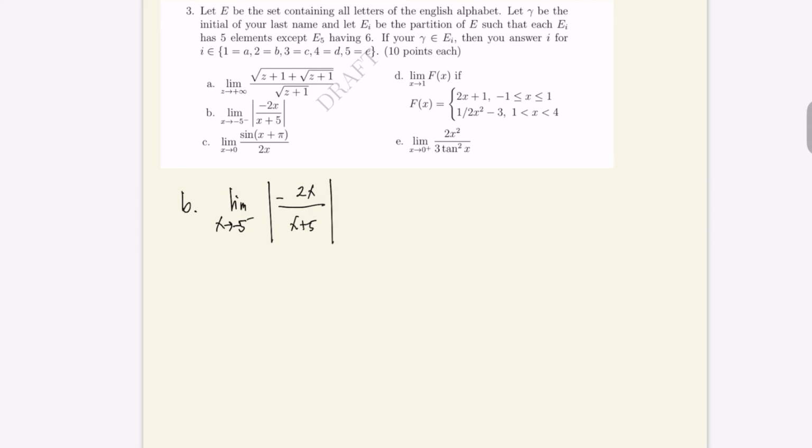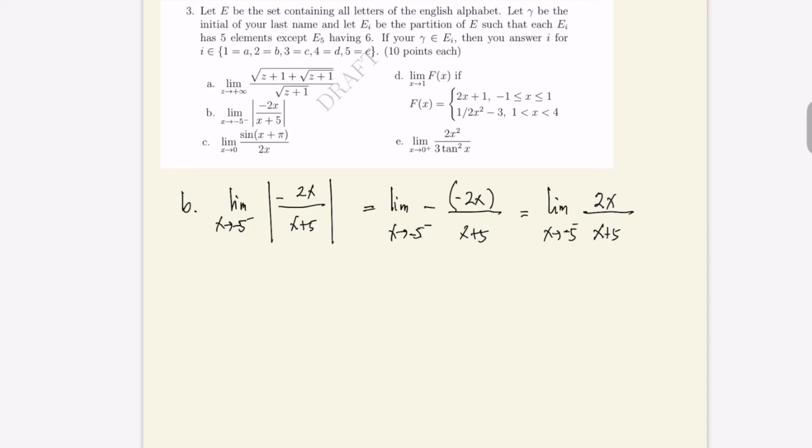So, this means from the left, this is the same as the limit of negative 2x over x plus 5 as x approaches negative 5 from the left. So it becomes the limit of 2x over x plus 5 as x approaches negative 5 from the left.